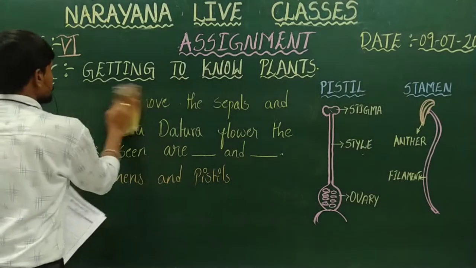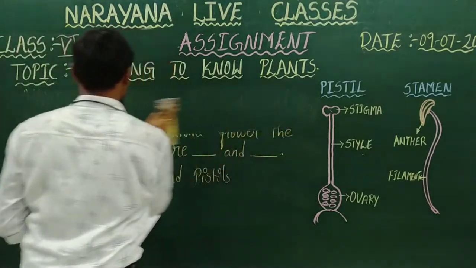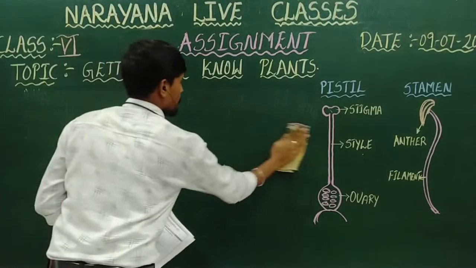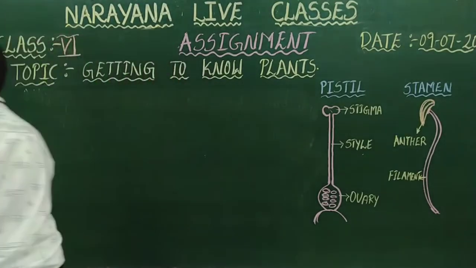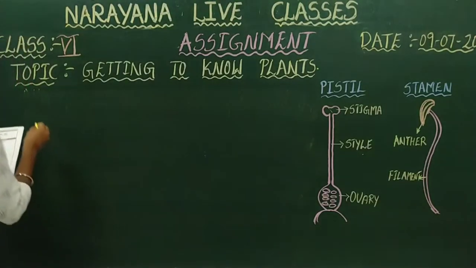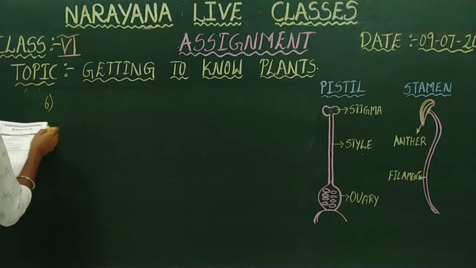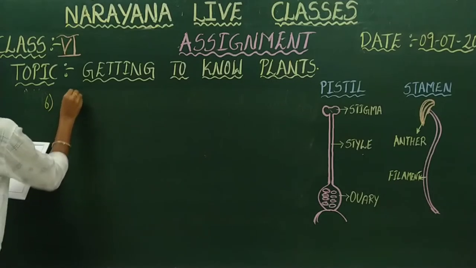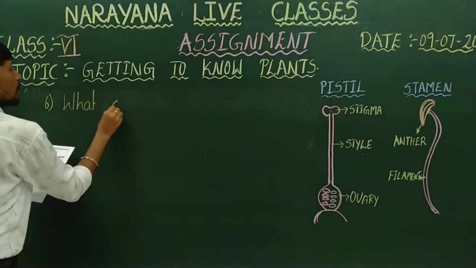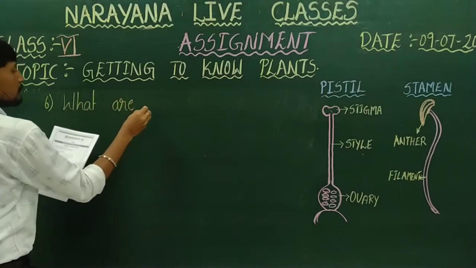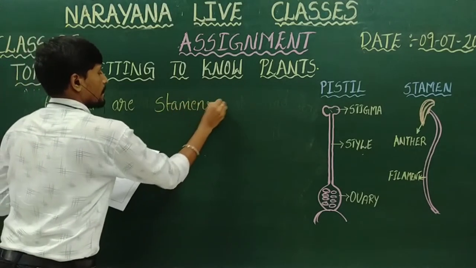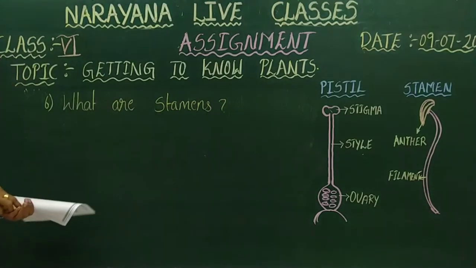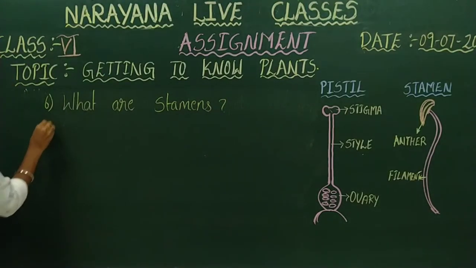And the next question, sixth one: what are stamens? As we said, stamens are present inside the flower and they are asking what stamens are.